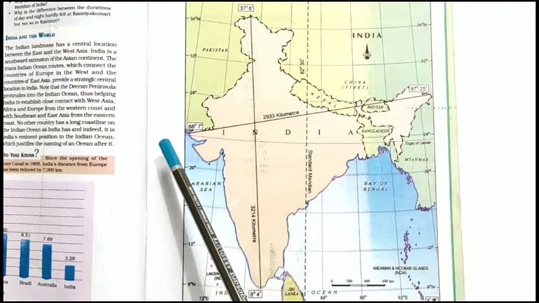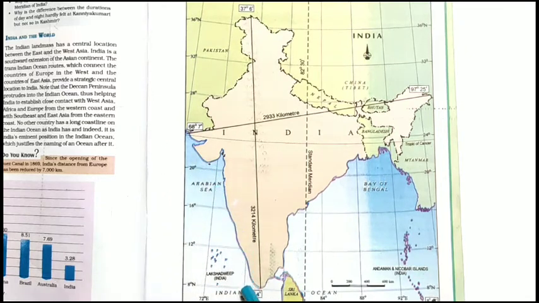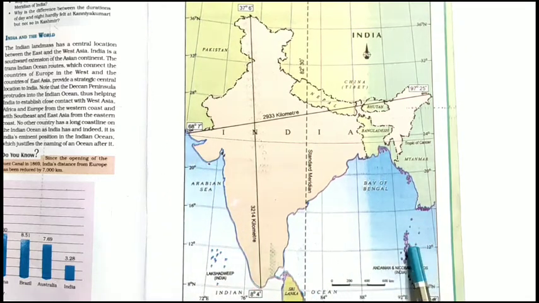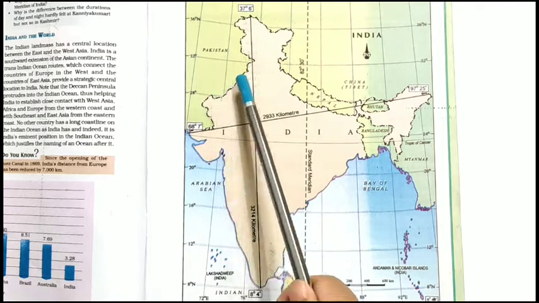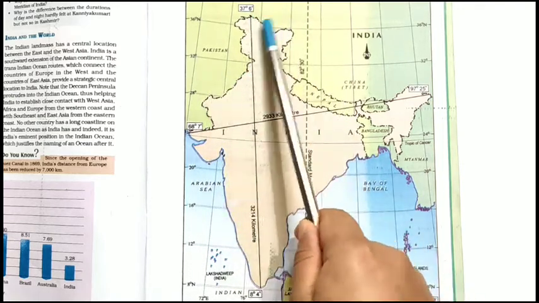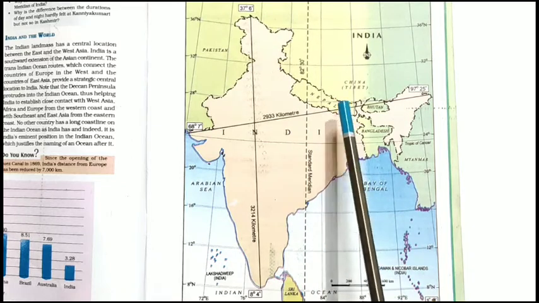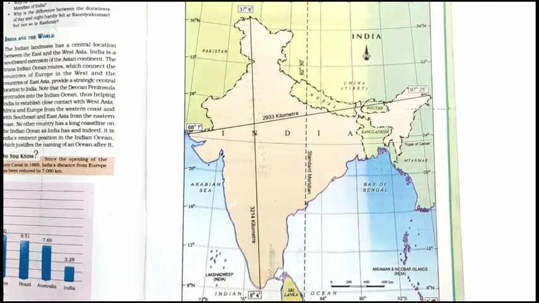And the total length of the coastline of the mainland, including Andaman and Nicobar and Lakshadweep, is 7,516.6 kilometers. India is bounded by the young fold mountains in the northwest, north and northeast, like the Himalaya.